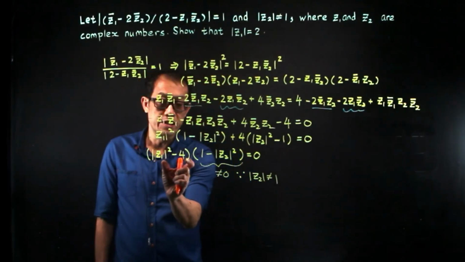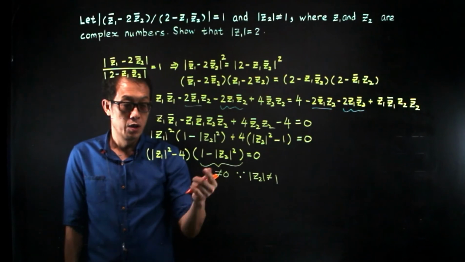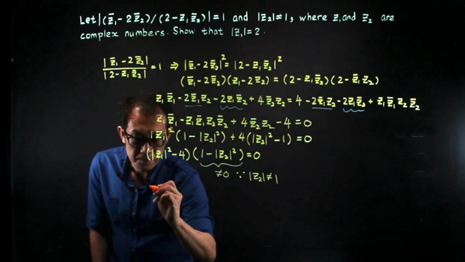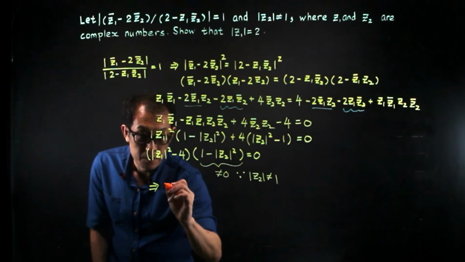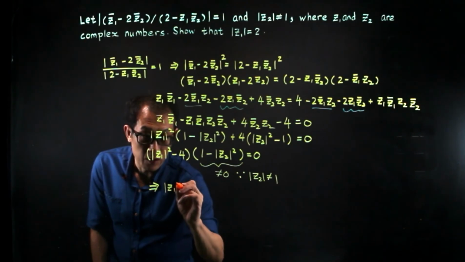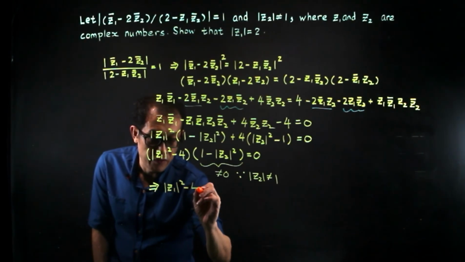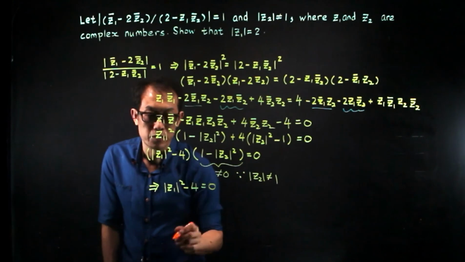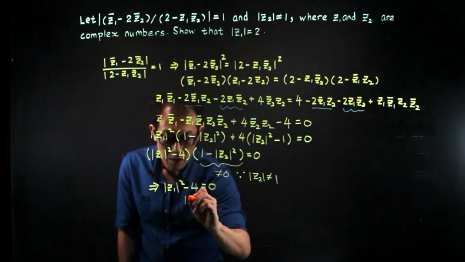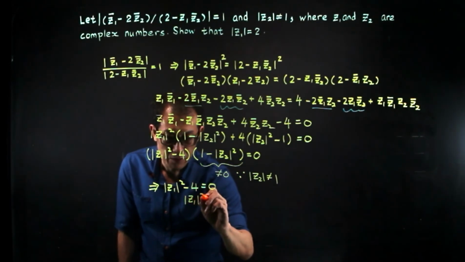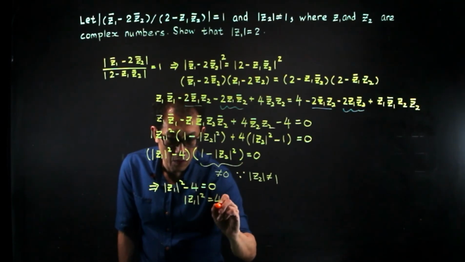So you are left with this. This has to be 0. So this implies the modulus of z1 whole thing squared minus 4 is equal to 0. So I bring it over, so the modulus of z1 squared is equal to 4.